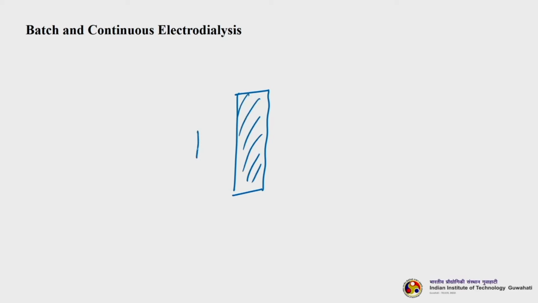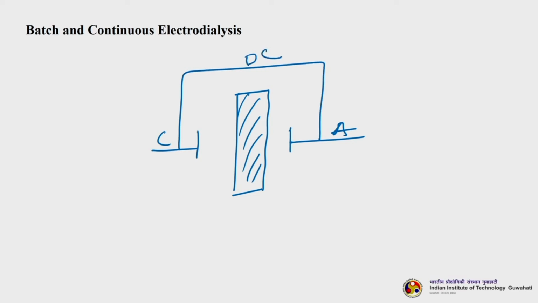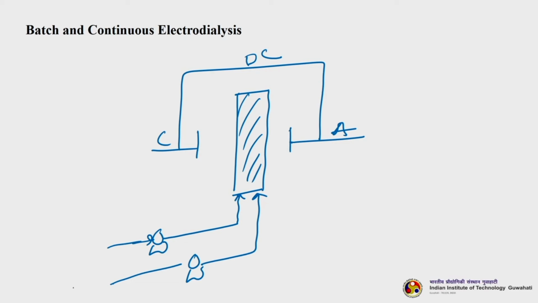So, again a cathode here, again an anode here. This is anode, this is cathode, they are connected to a DC source. And then we will have two pumps basically. This is your concentrate, this is your dilute.